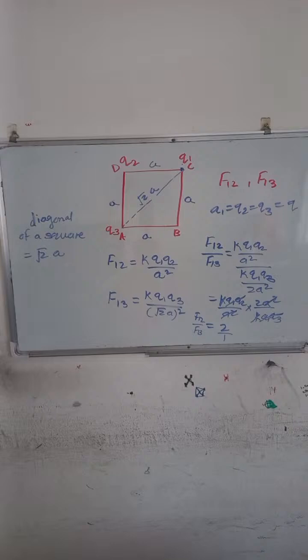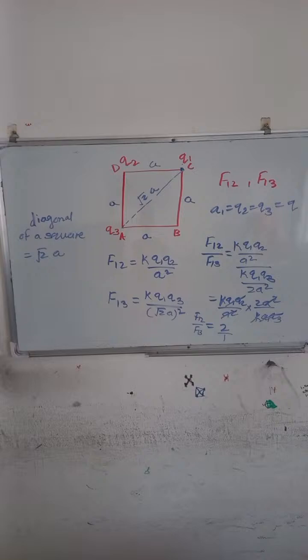Okay, write down the next one. If the charge on the object is halved, that is half, then the electric field becomes: first, half; second, double; C, unchanged; and last, thrice.